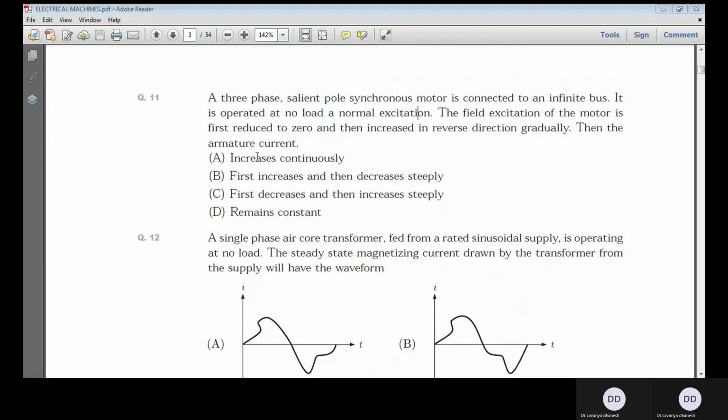So first it will increase, then it will decrease. This is the correct answer. The armature current keeps increasing, and then since we are reversing the direction, it starts decreasing steeply. So first increases and then decreases steeply is the right answer.